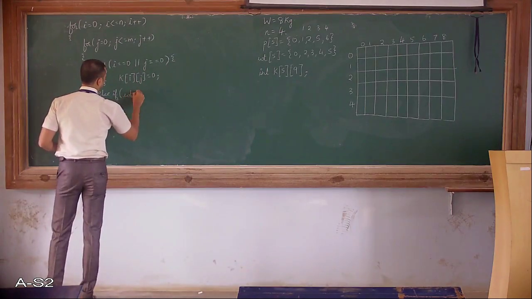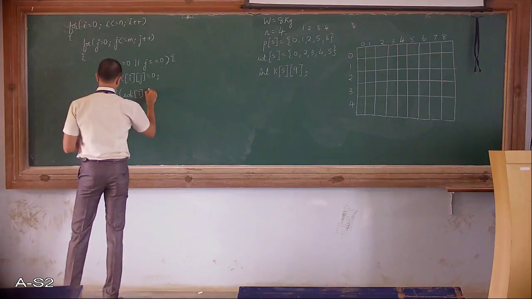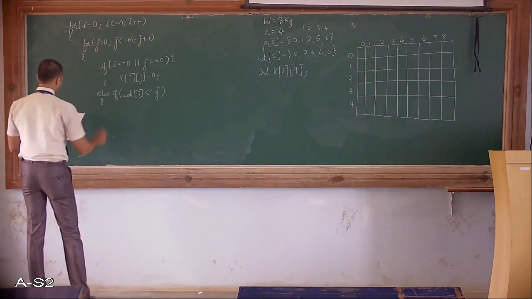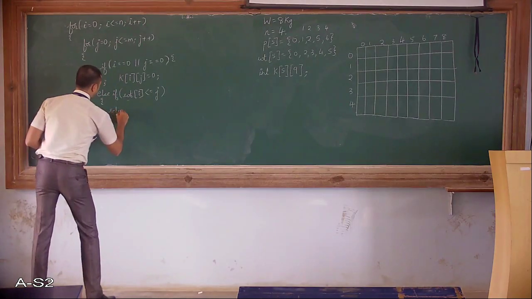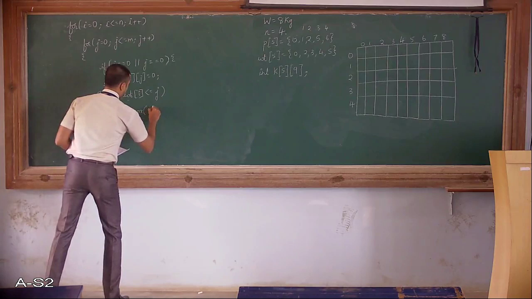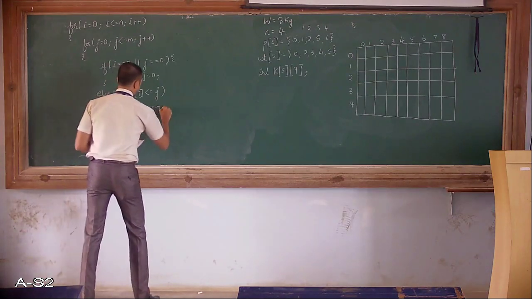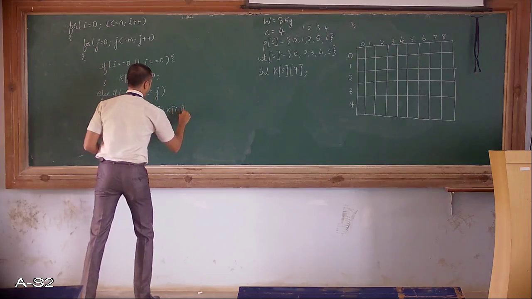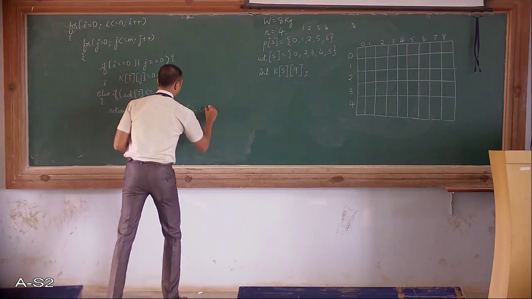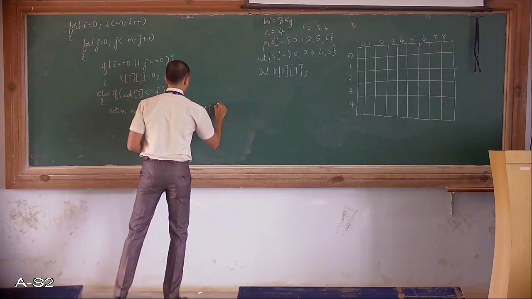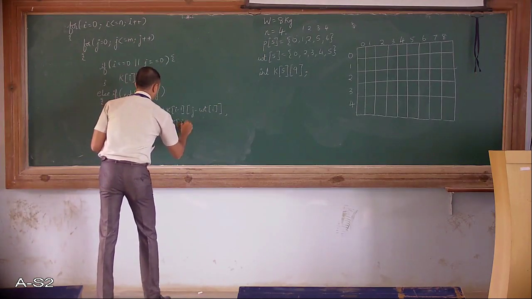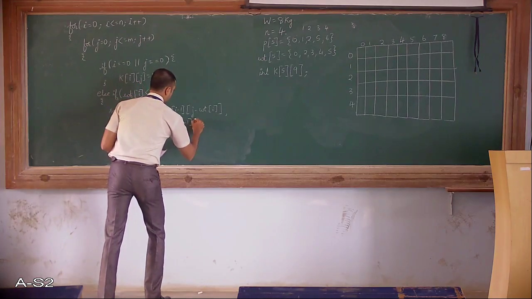Else if weight of i is less than or equal to j, then I'm going to use the formula which we used in the previous lecture to fill that table: max of P of i plus K of i minus 1, j minus weight of i, and K of i minus 1, j.